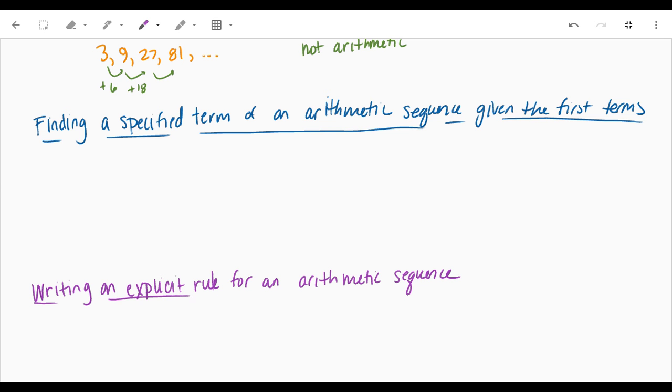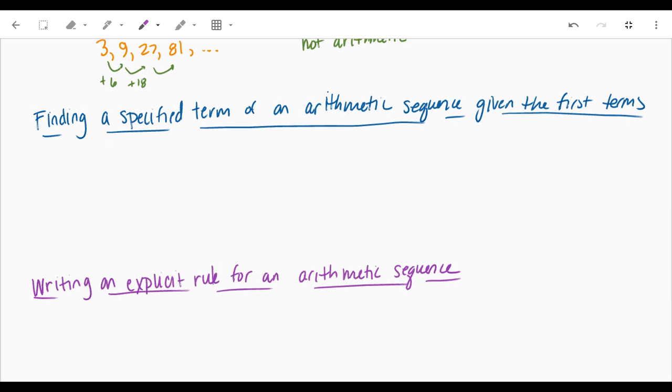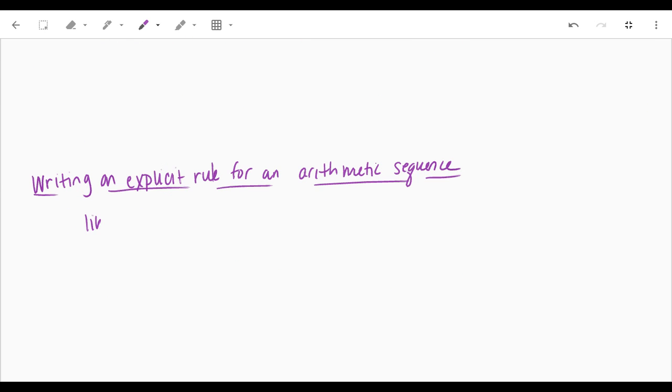Okay, so arithmetic sequences are kind of like a line. Like you have y equals mx plus b. B is where you start. M is how much you go up.